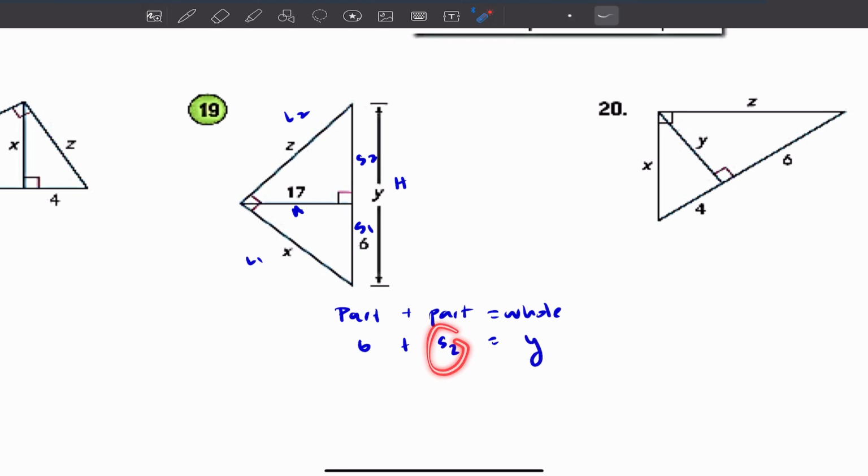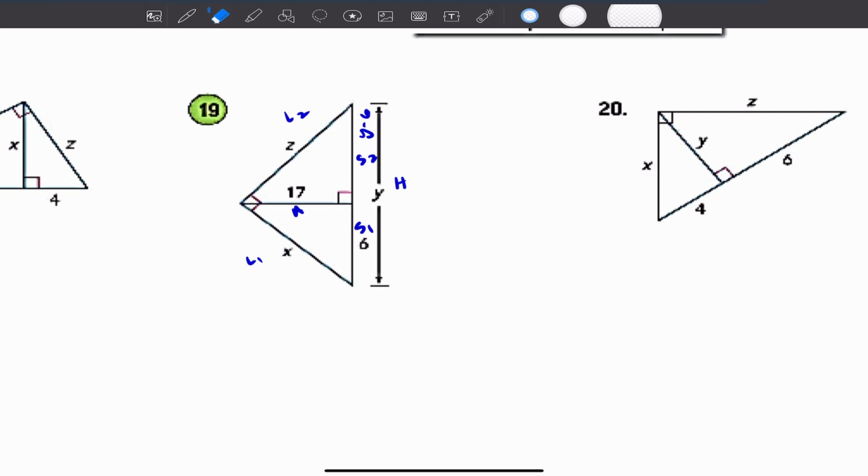If I solve for segment 2, I subtract 6 from both sides and get segment 2 is equal to y minus 6. So I'll put y minus 6 for segment 2. That makes sense because 6 plus y minus 6 is just y. The 6s cancel out, leaving y.